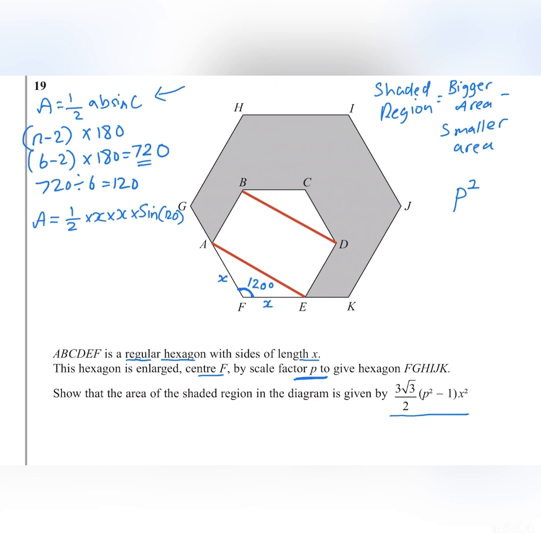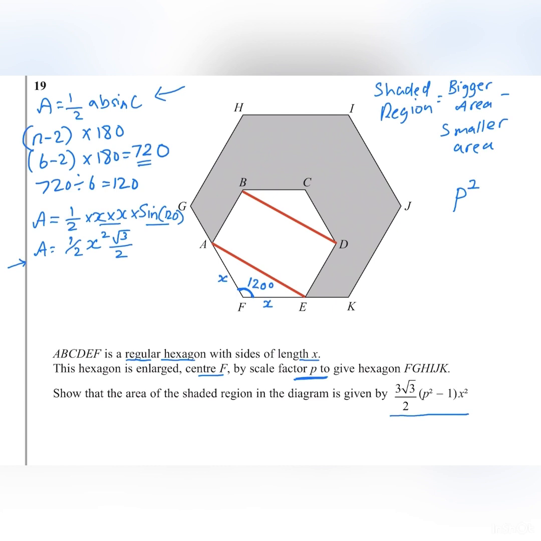Now, if you work out the sine of 120 on the calculator and leave your answer in surd form, we get x times x is x squared, and the sine of 120 is root 3 over 2. So this is the area of one triangle.